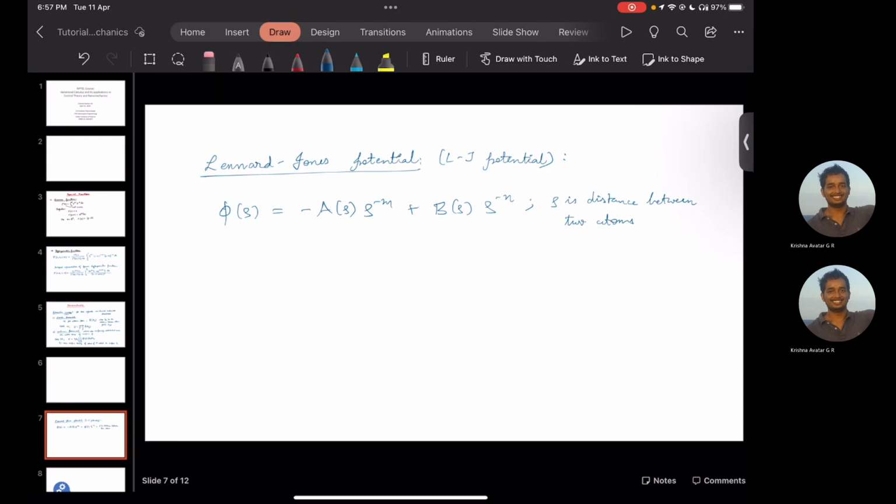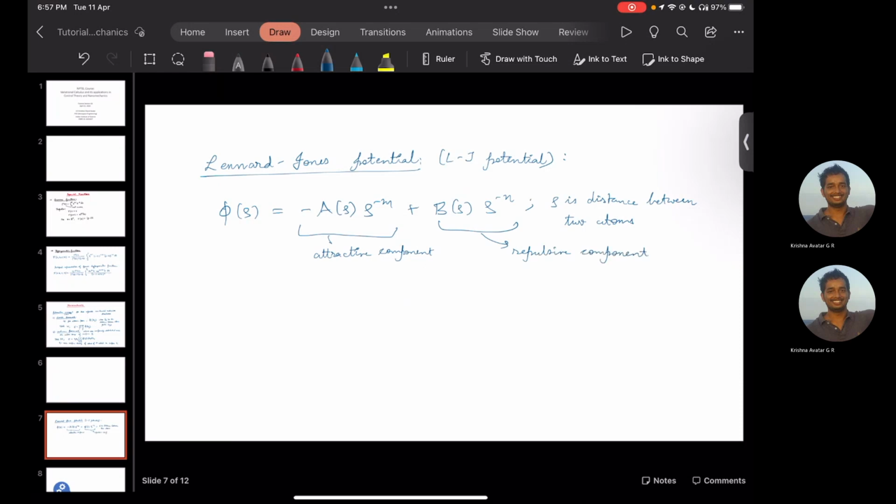The minus A part is what we call the attractive component, and the B part is our repulsive component.